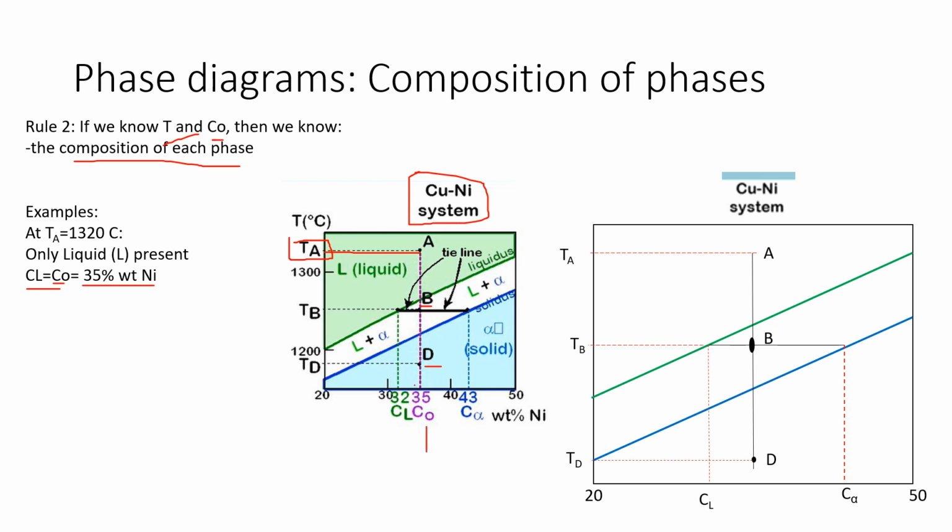CL is equal to CO, the amount of liquid, which is also represented by the CO composition. This is equal to 35% by weight of nickel. This is CO.